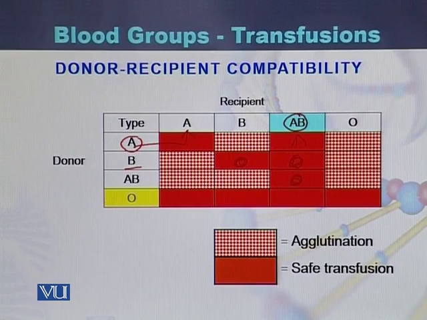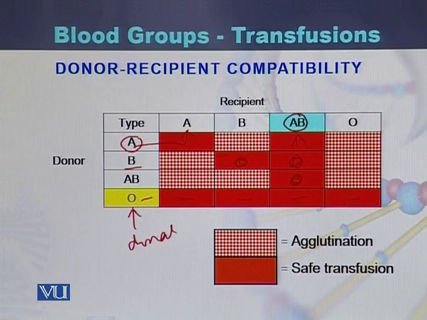In case of blood group O, this blood group can be donated to all individuals who have blood group A, blood group B, AB or O. So from here we can conclude that blood group O is the universal donor.